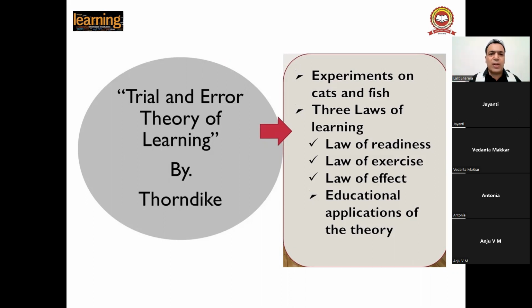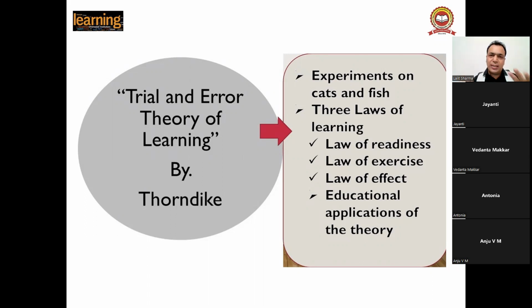Further, we will do the experiments on cats and fish. We will do the first experiment on the cat. I'll narrate it to you. Through the experiment you have to understand how we learn and how we have to motivate the students. All right guys, next, second thing, there are 3 laws of learning.